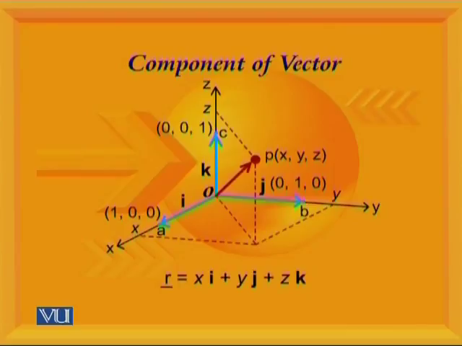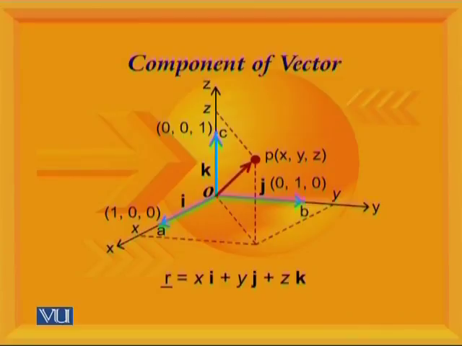and it has all the qualities of a vector, because if you are given this vector R equal to xi plus yj plus zk, we can find its magnitude and we can find its direction. How do we find its magnitude? You know that the magnitude of R is equal to the square root of x squared plus y squared plus z squared, which is definitely the distance from the origin O to P. And how can we find the direction?